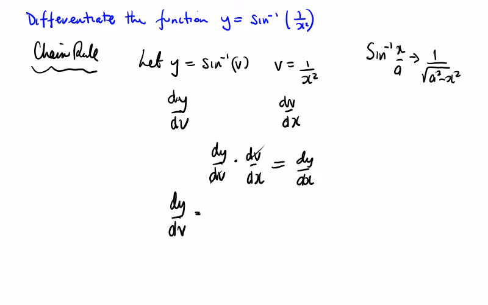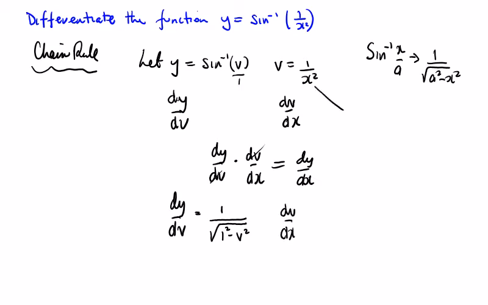So if v is in here, dy dv will go, because it is the inverse sine of v, to 1 over the square root of, just to give it a fraction form, if I say v over 1, you can see that's where the 1 minus v squared, or 1 squared minus v squared, would come from. So that's dy dv.